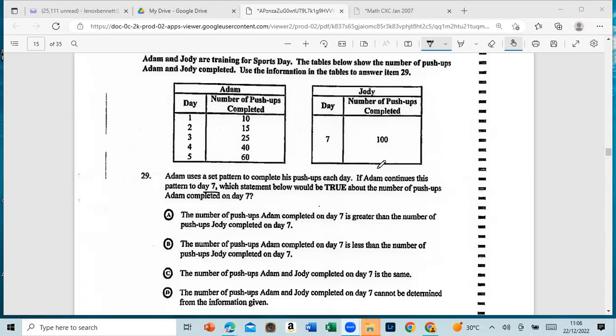The number of push-ups Adam completed on day 7 is greater than the number of push-ups Jody completed on day 7. The number of push-ups Adam completed on day 7 is less than the number of push-ups Jody completed on day 7. The number of push-ups Adam and Jody completed on day 7 is the same.